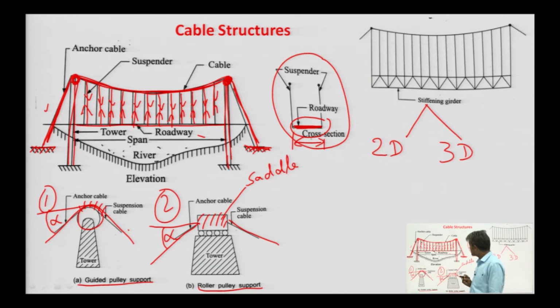The meaning of stiffened is that uniform distribution of the load in the cable should be there. The process of stiffening the girder means distribution of the forces uniformly in the cable through suspension. It can be of two types, 2D stiffening girder or 3D.